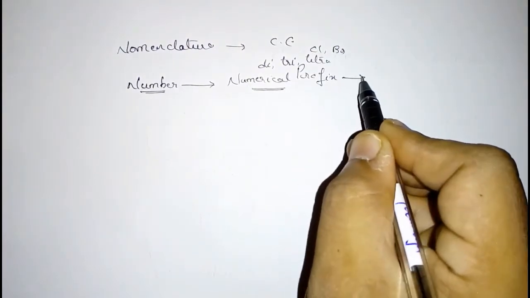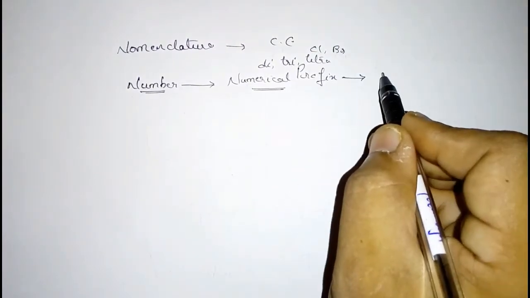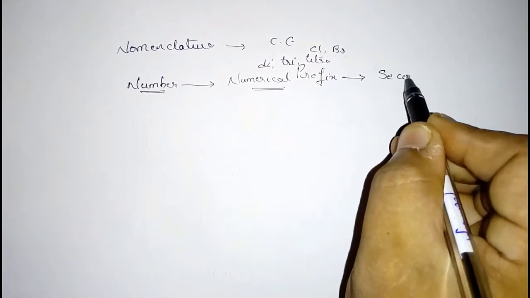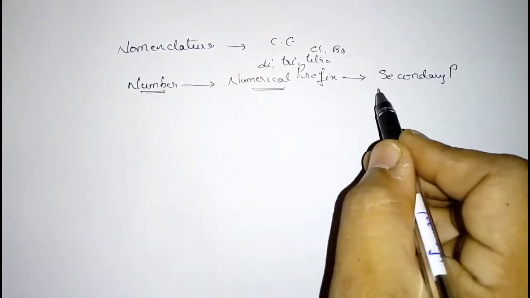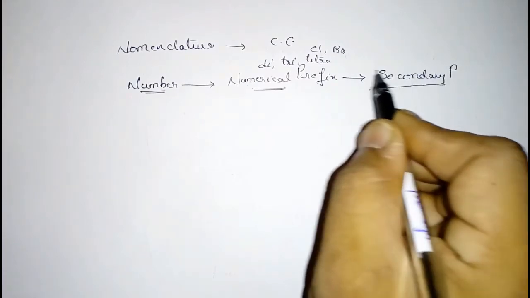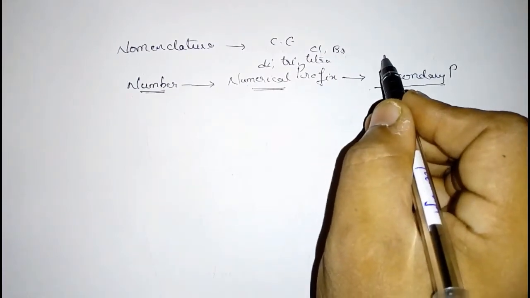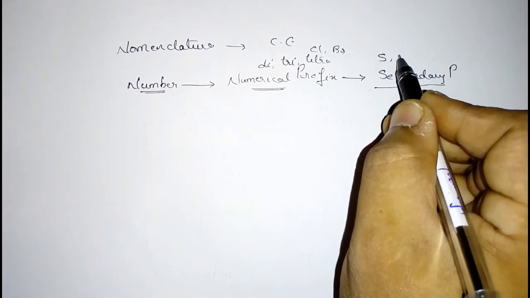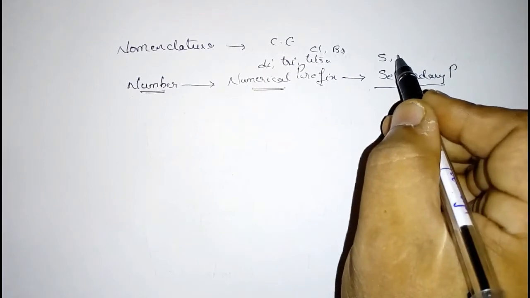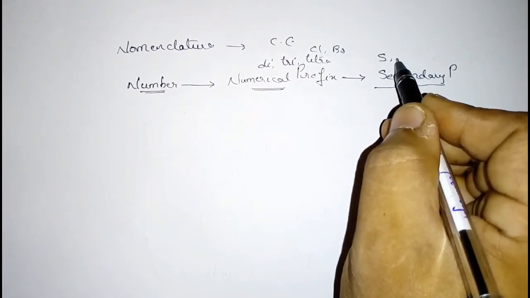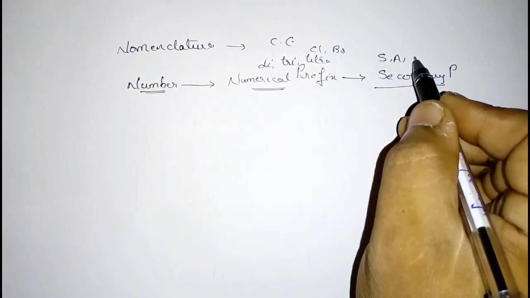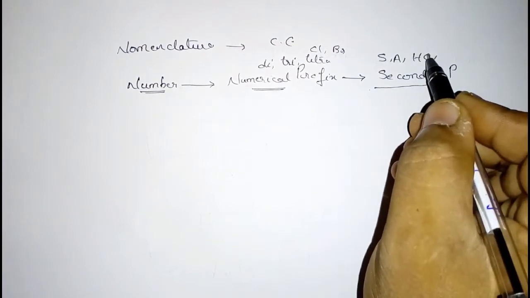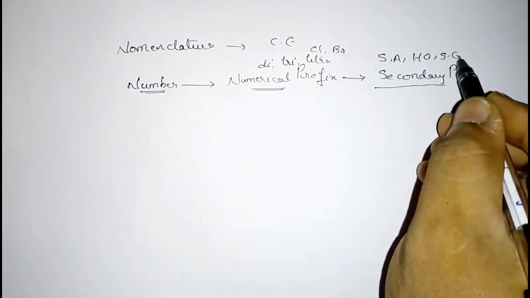After numerical prefix, our third step is what? Our secondary prefix. What does the secondary prefix say about? As I already told, secondary prefix says about our substituents, like halogen groups, or it can be an alkyl group, or alkoxy group, or hydroxy group, or it may be a second grade functional group.